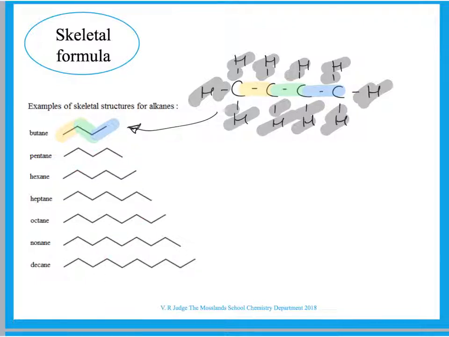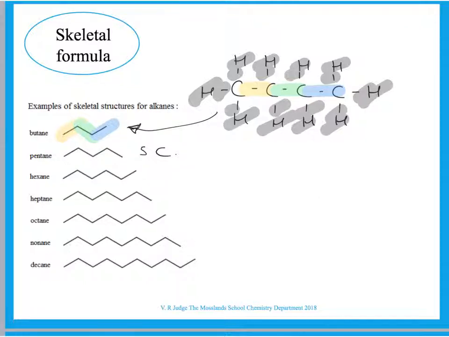So each line, remember, is a bond between carbon atoms. Now, this is where people get stuck. So if I show you pentane, pentane means 5 carbons. So you have got carbon 1, bonded to carbon 2, bonded to carbon 3, bonded to carbon 4, bonded to carbon 5. Now this is what people do that gets them a little bit confused.